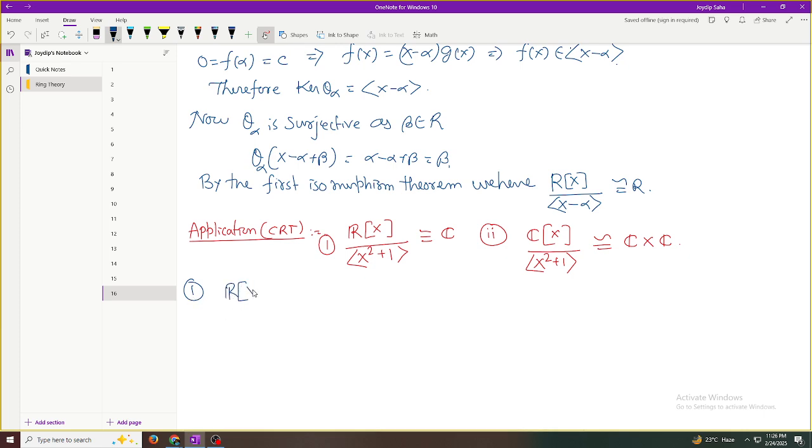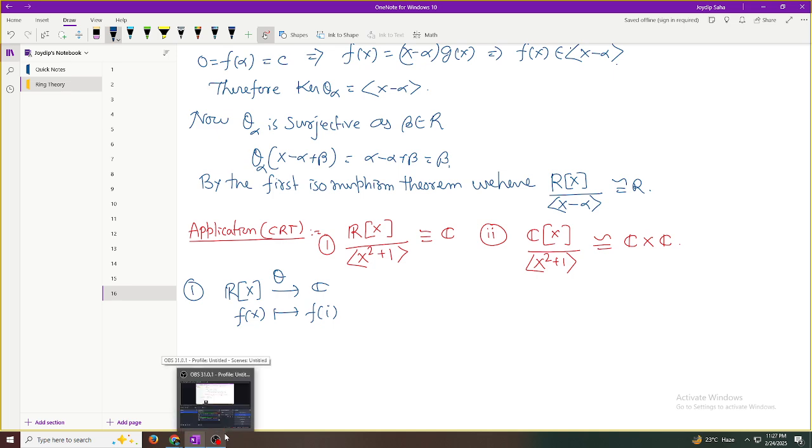Rx to C, f(x) goes to what should be the map? f(i). Check that theta is a ring homomorphism.